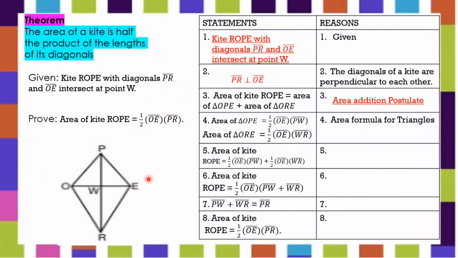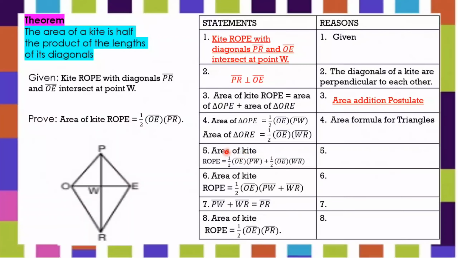We all know that the formula for the area of triangles is 1/2 base times the height. So again, the area of triangle OPE is just half of OE, which is the base, and the height PW. And that the area of triangle ORE is half of the base OE and the height WR.